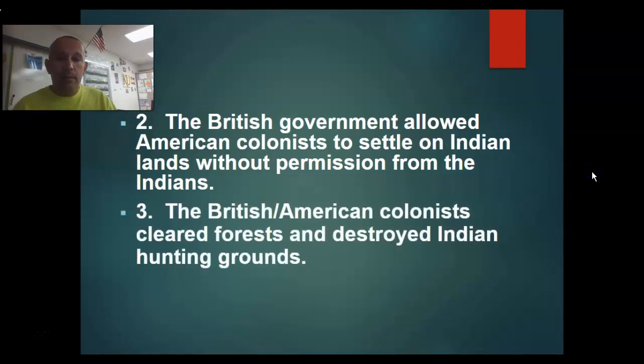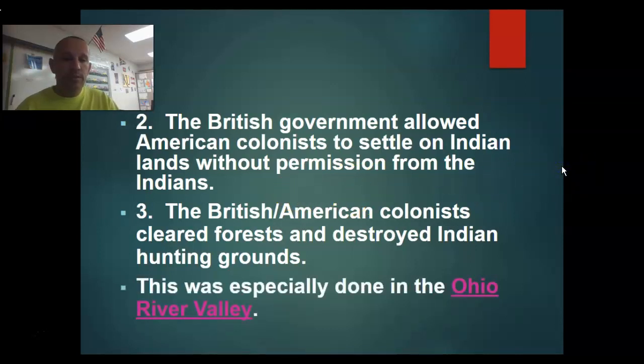And number three, as the British and the American colonists began to settle west of the Appalachian Mountains, they began to clear forests and destroy Indian hunting grounds. And of course, this was done more in the Ohio River Valley than any other area.